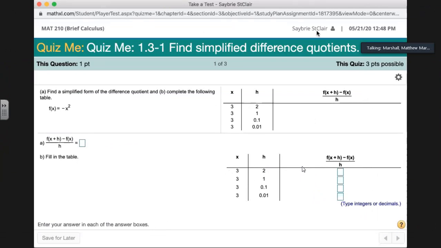So this wants f of x is -x squared, and then the values are 3, 2, 3, 1.